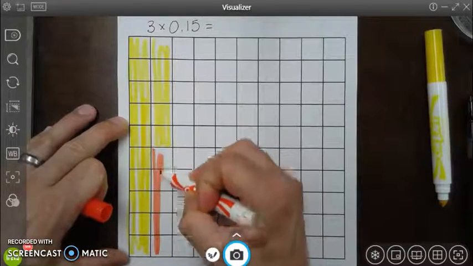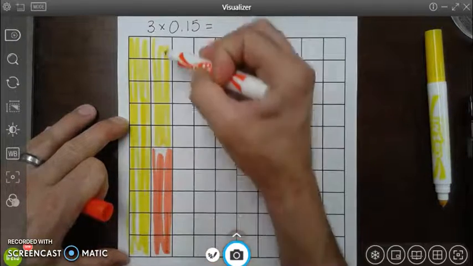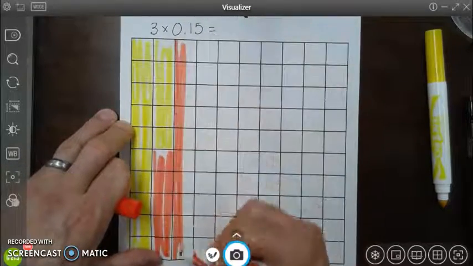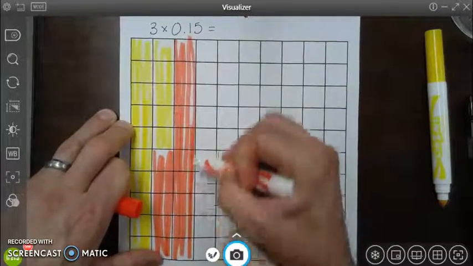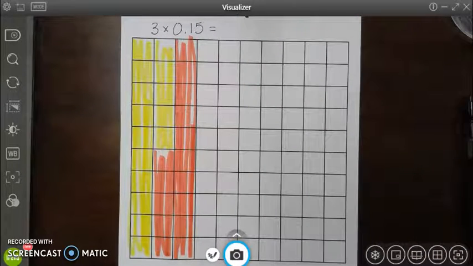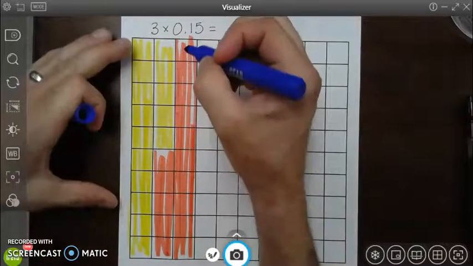Do the next set of 15, I can fill in these last 5 and another 10. And then I can fill in one more set of 15.